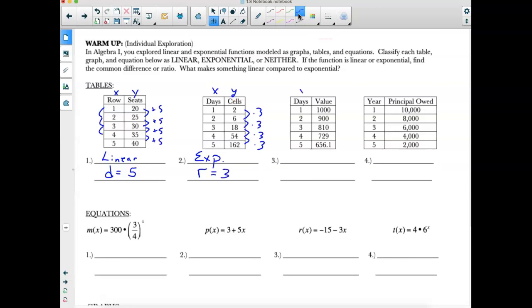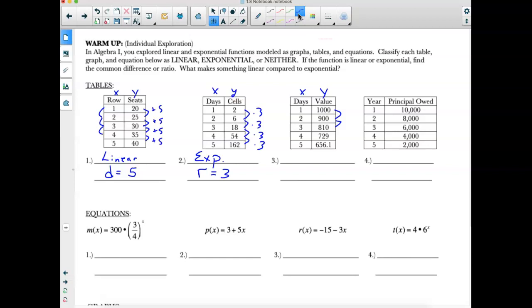When I look at my data here, my days and my values, I go 1,000 to 900. That would be adding negative 100, but when I go 900 to 810, that's not adding negative 100, so it couldn't be linear.